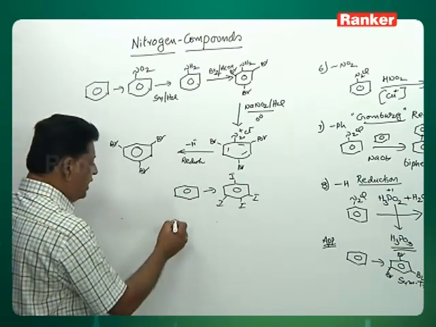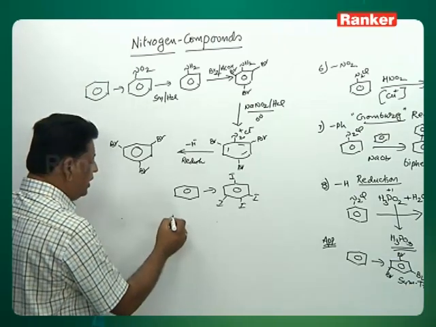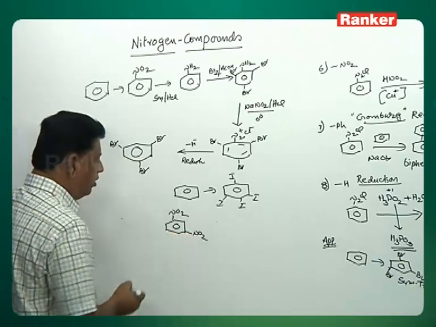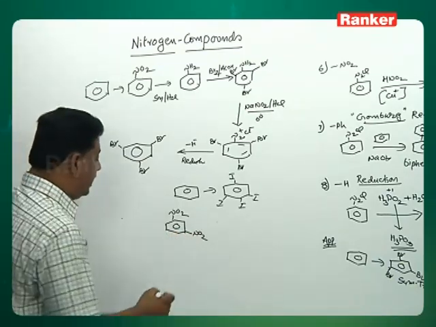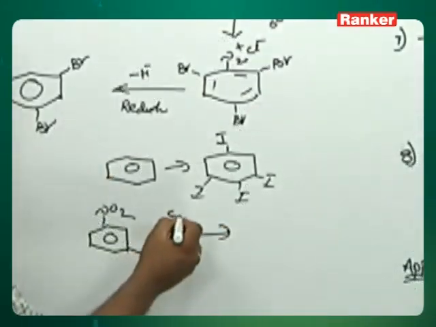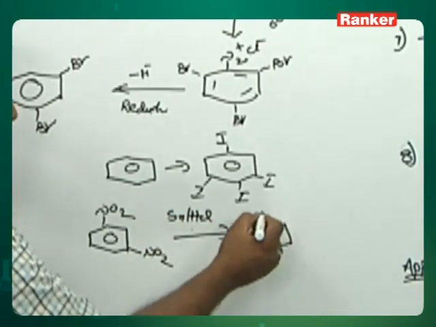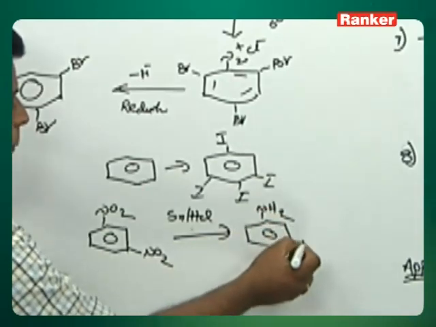We have one more here, the reduction. Nitro compound has a unique property. When 2 nitro groups are there and you use tin and HCl, the usual reduction will give 2 amino groups, right? Amino and amino.